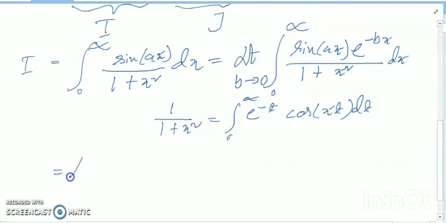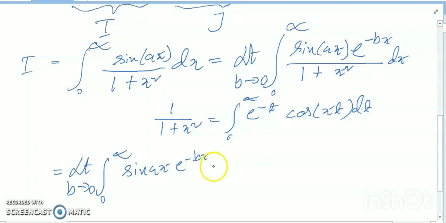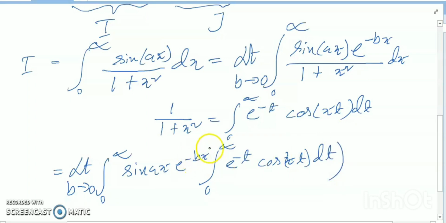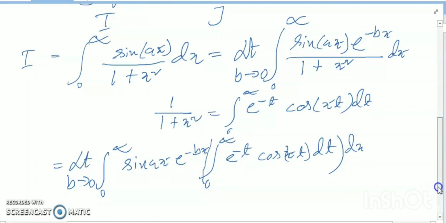So I get the limit b tends to 0 of the integral from 0 to infinity of sine ax e to the power minus bx and the integral from 0 to infinity of e to the power minus t cos xt into dt, into dx. Okay, I can write this way.